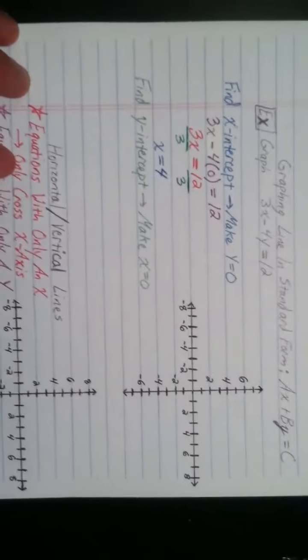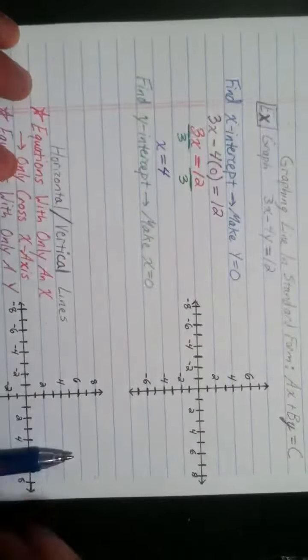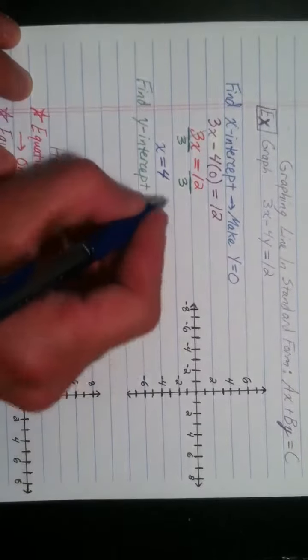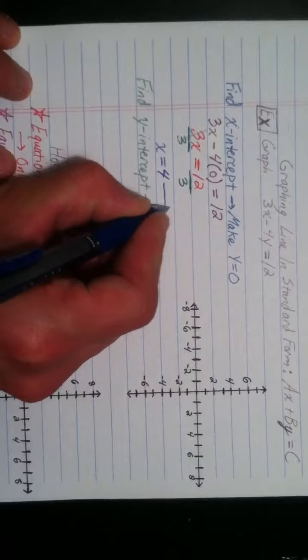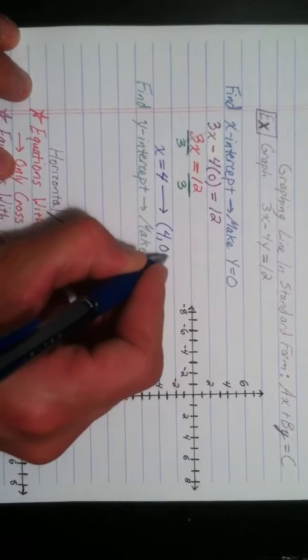Okay. So what we've just discovered here, last step, canceling out the 3's, is that when y was 0, x had to be 4. So that right there tells us an ordered pair. Our x-intercept is the ordered pair 4, 0.